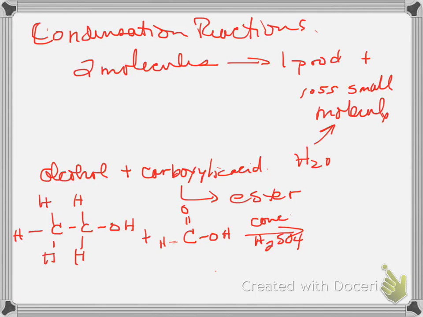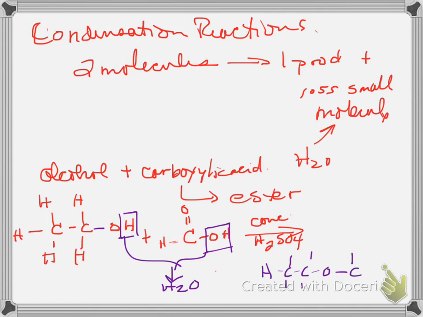What's going to happen with this condensation is the OH group of the carboxylic acid and the H of the alcohol go to make the water, and I end up getting the ester.